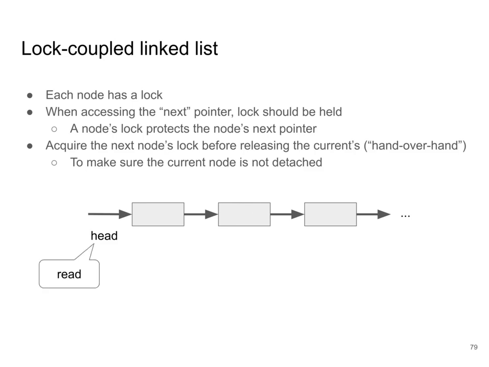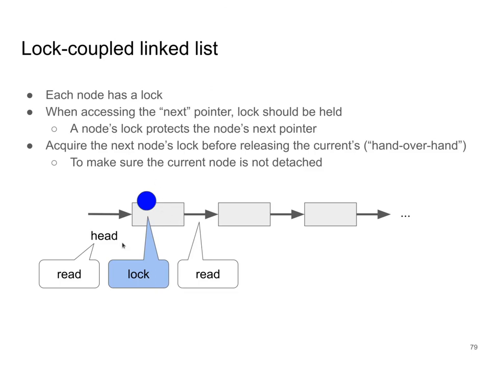You can traverse this linked list by first reading the head pointer. At this point you don't need to hold a lock because head is shared and immutable. Then you acquire a lock for the next pointer before you read it.